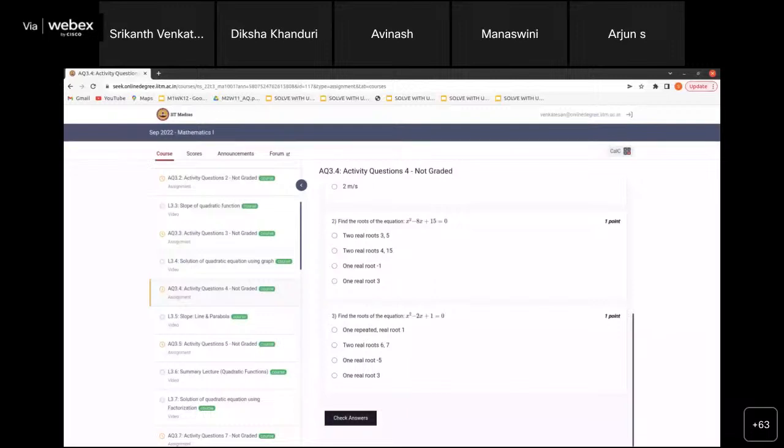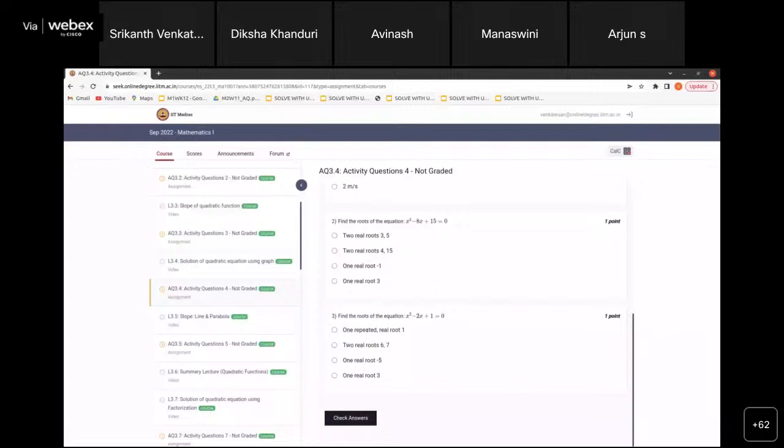Firstly, how many of you know solving quadratic equations, quadratic formulas or factorizing methods? Does everyone know this? Yes, sir. Then if you know that, I think question 2 and question 3 are pretty straightforward.